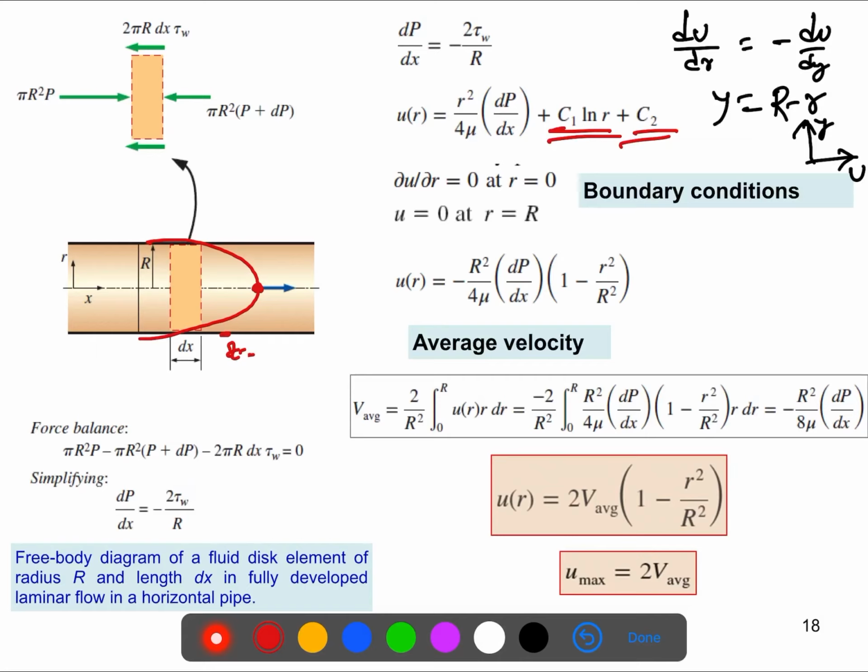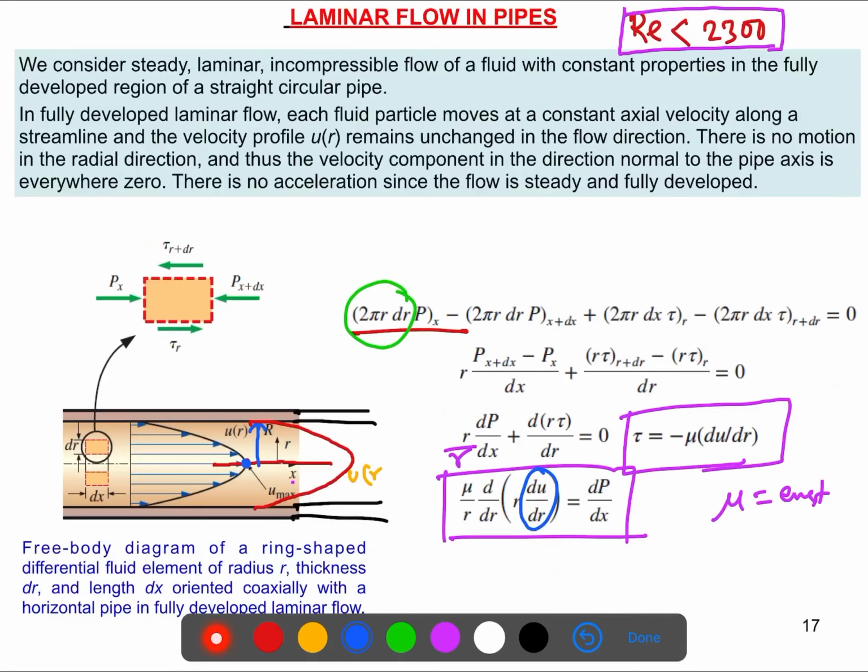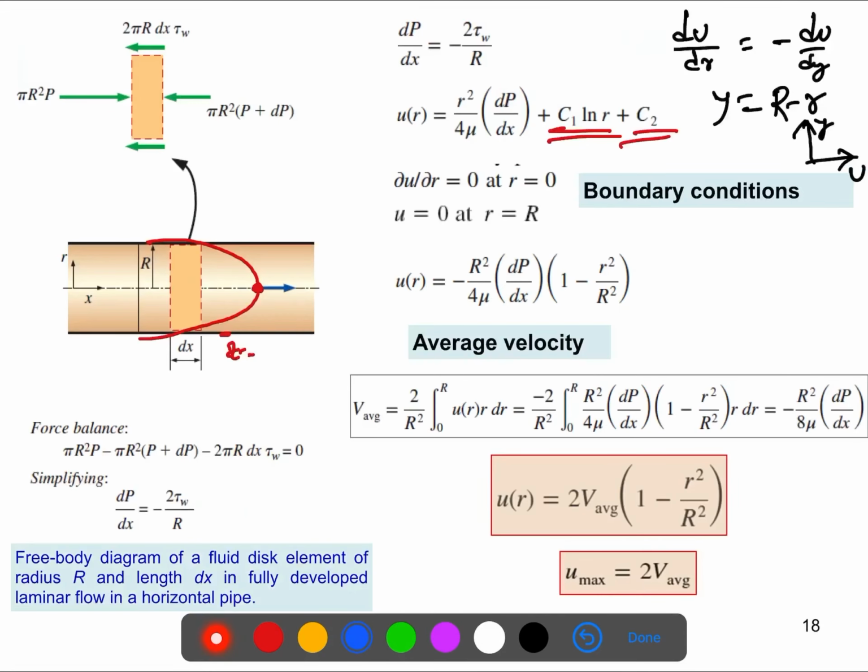So we should deal with the average velocity. We didn't show that here. As the velocity is 0 at the wall and maximum at the center, how will we deal with these problems? It's better to calculate the average velocity. We already know the average velocity definition from previous slides, so if we apply that, we'll get it like this.